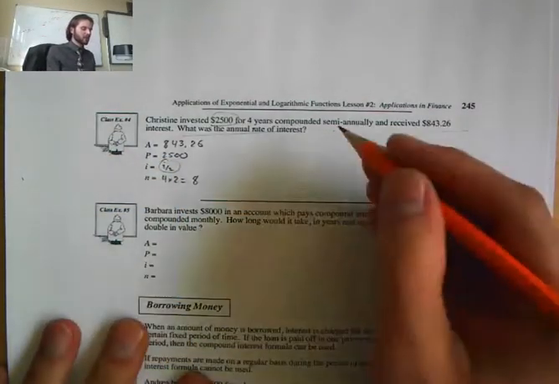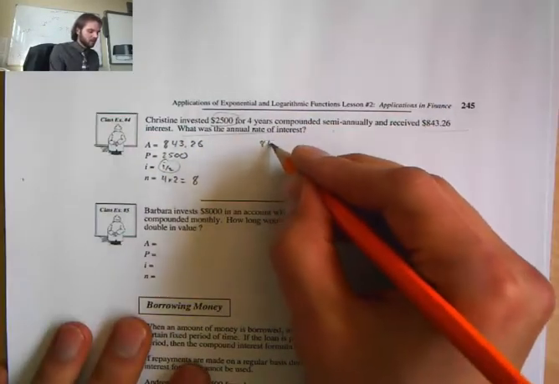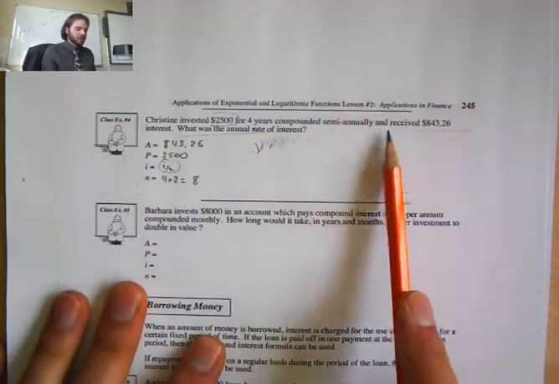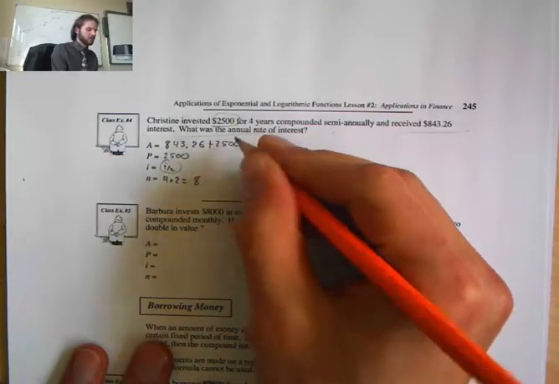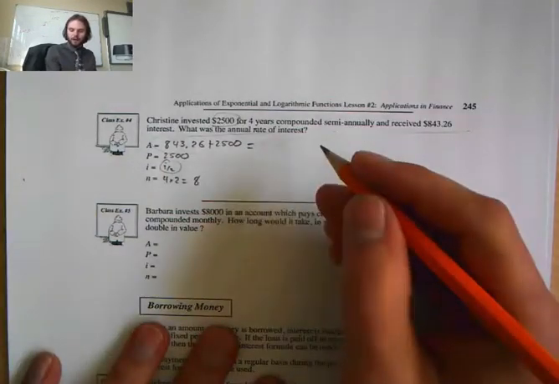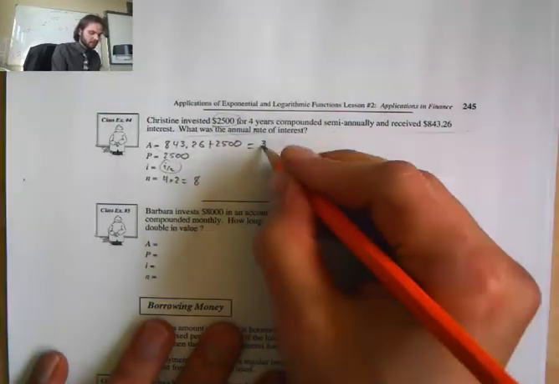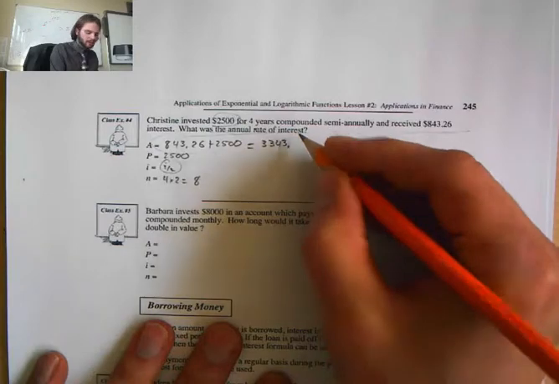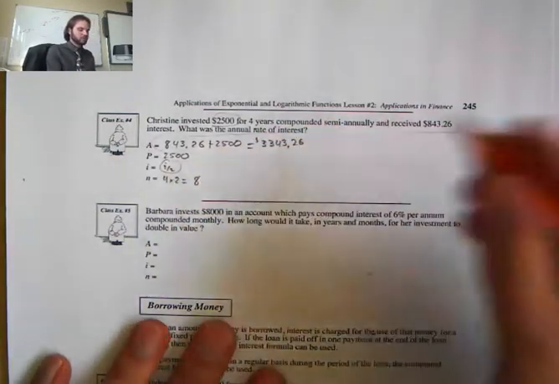So let's put this into my equation. All right, so we have 843. Oh, sorry. That's how much she received. So her original, we have to add 2,500 to this to figure out how much does she have overall in the end, which will end up giving us a total of $3,343.26.